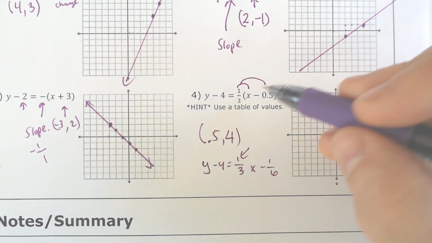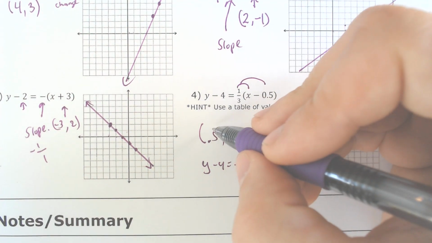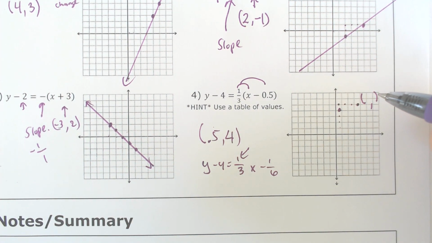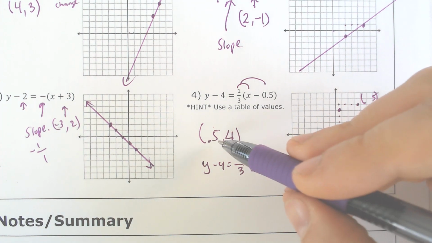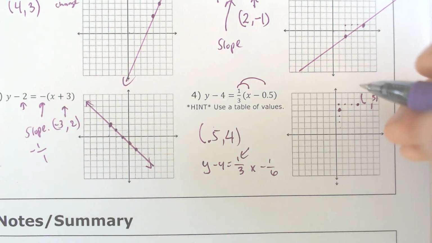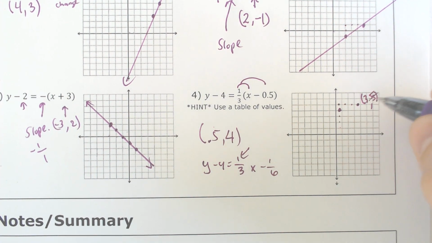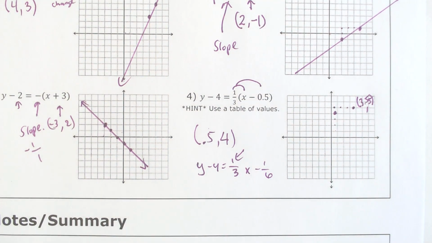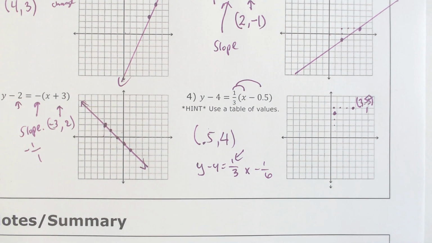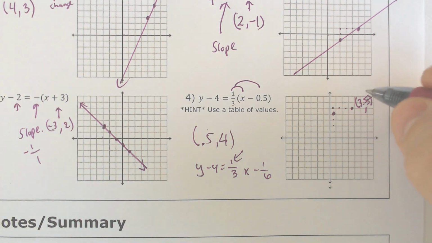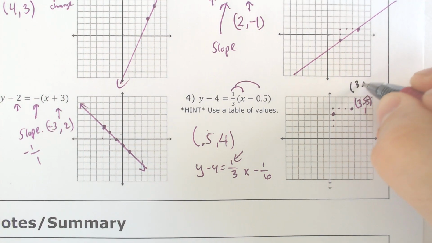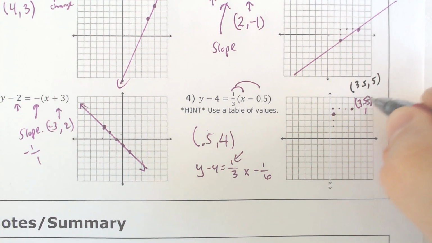So we were at (0.5, 4). If I went up by 1 from that, I was going to be at 5 for my y value. If I go over by 3, I'd be at 3.5. So you can still get your points, but it might be a little more careful of a process. (3.5, 5). There we go.